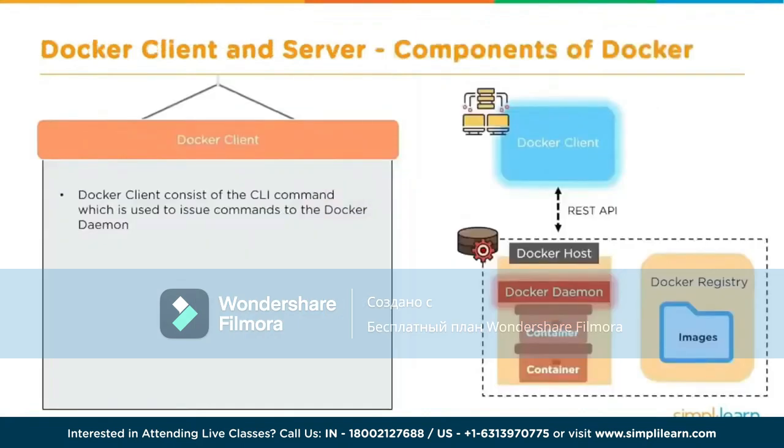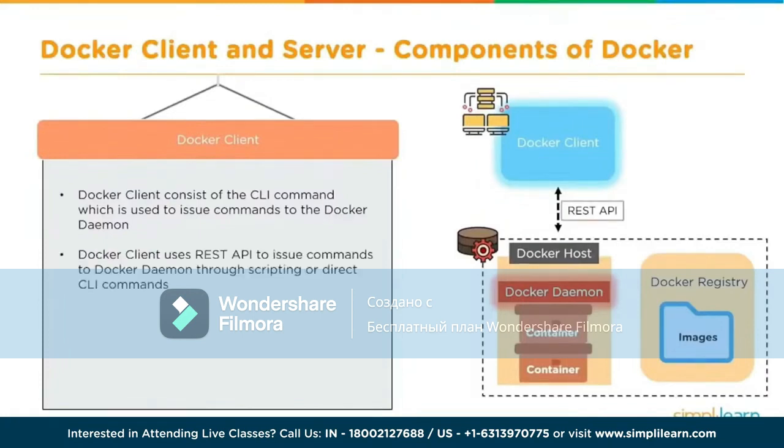The Docker client and server is a command line instructed solution where you would use Terminal on your Mac or command line on your PC or Linux system to be able to issue commands to the Docker daemon. The communication between the Docker client and the Docker host is via a REST API.